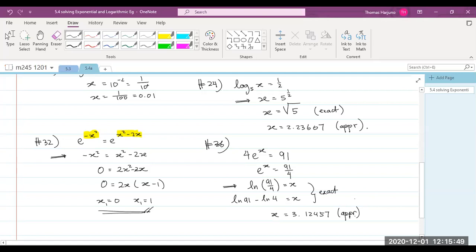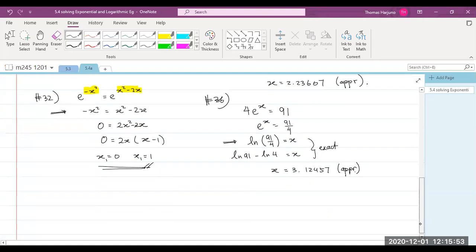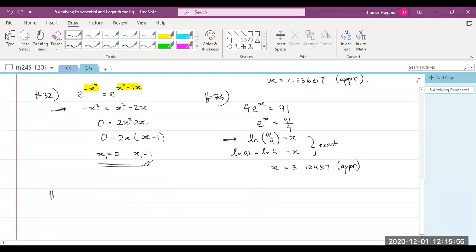Now, with that said, let me ask you to try number 40. Can you try number 40? Six to the power of 5x equals 3000. I need you to give me the exact and then the approximate solution in 1, 2, 3 minutes.